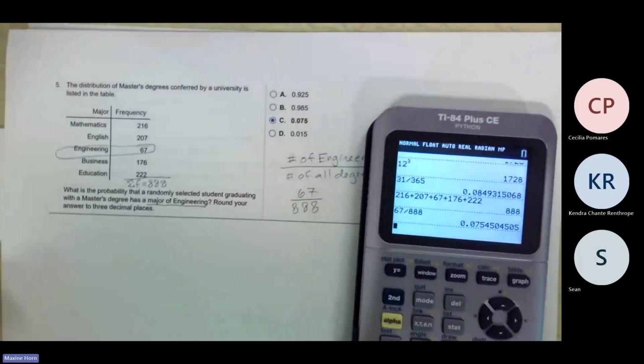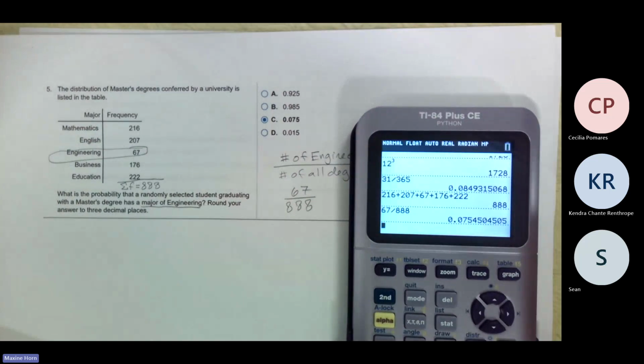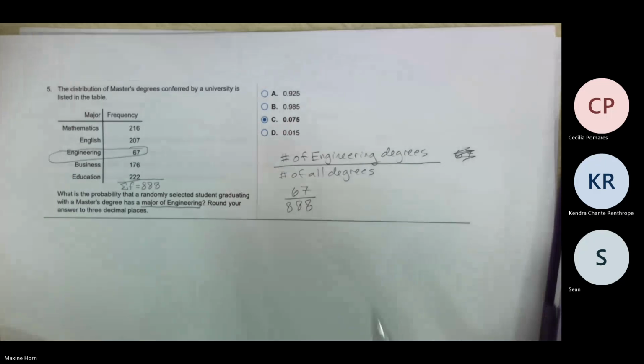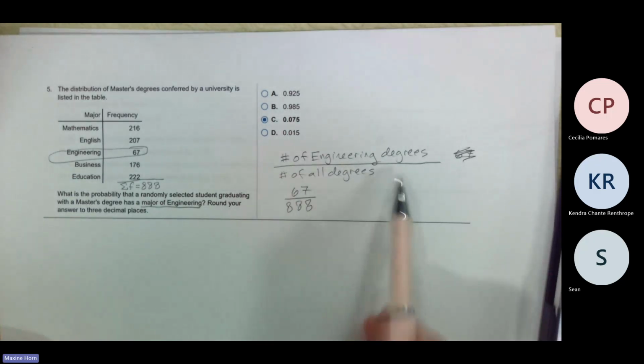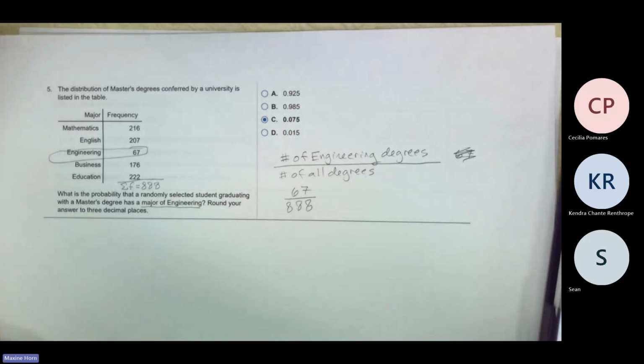Let's move this paper over a little bit here. There we go. So we have 0.075450450, so on and so on. 3 decimal places is 0.075. Okay. Right, the part over the whole, the sample set goes here. What they're asking for goes in the numerator. All right, moving on.